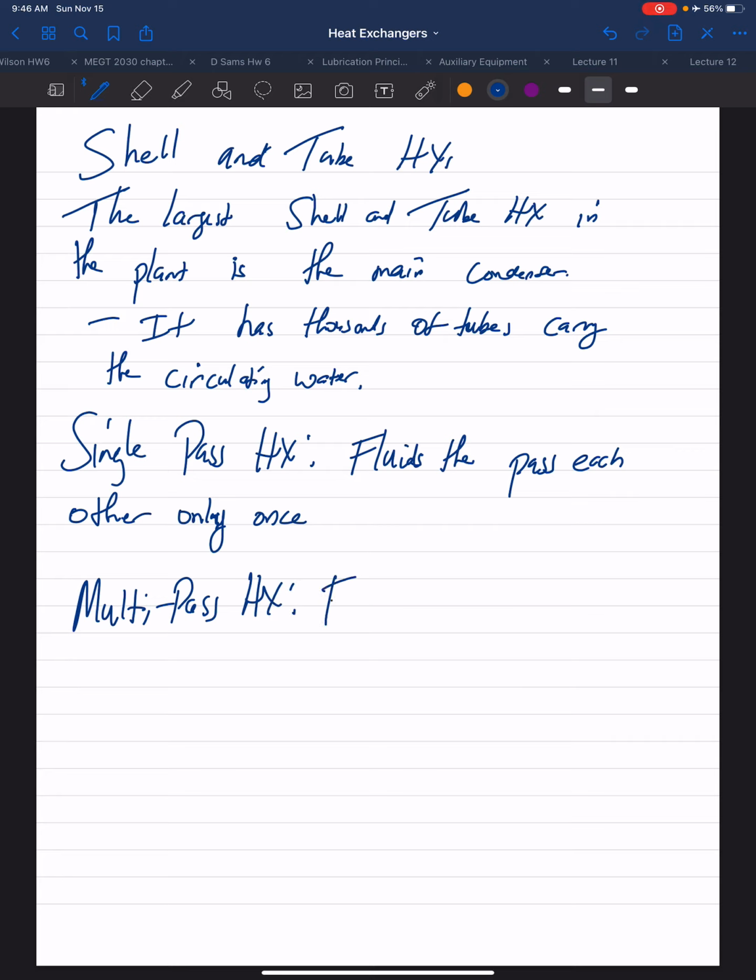And this is when fluids pass each other more than once.